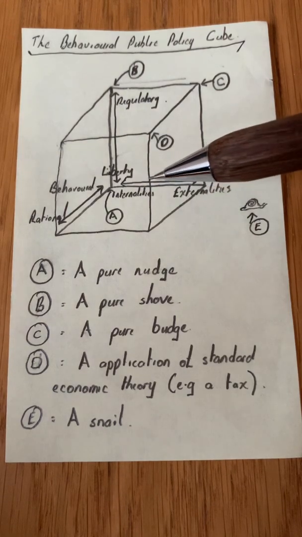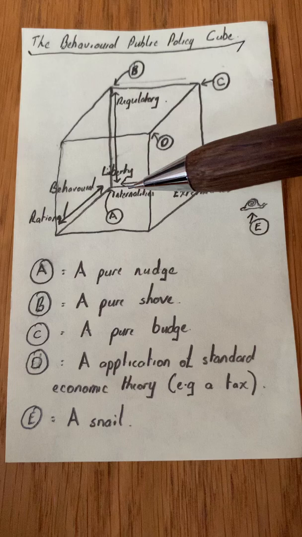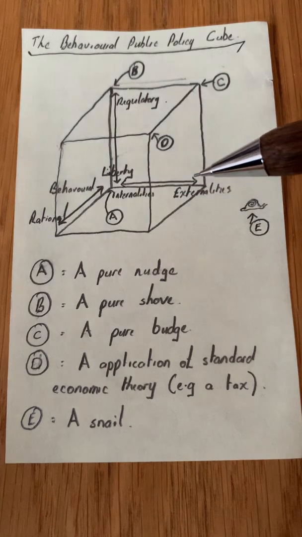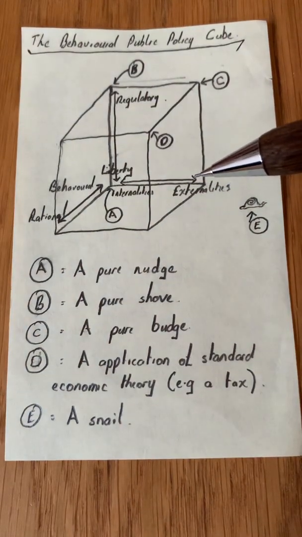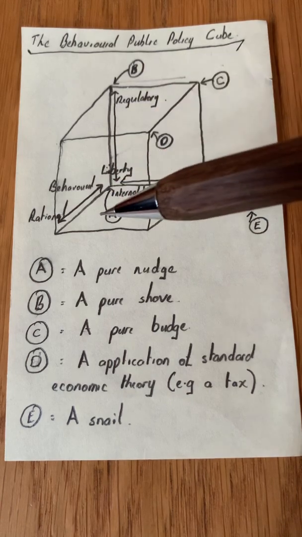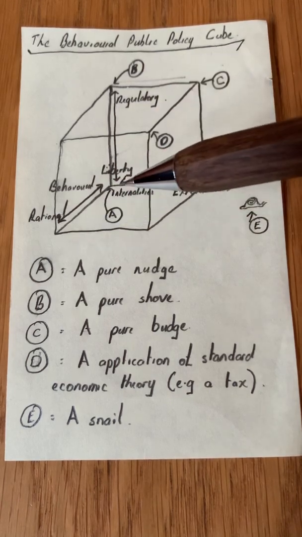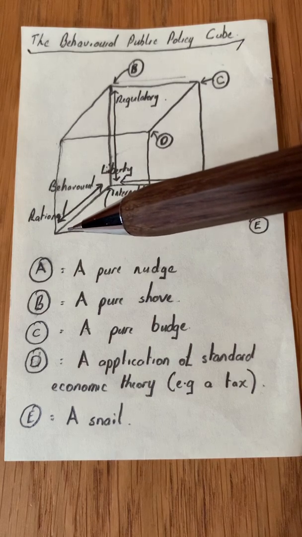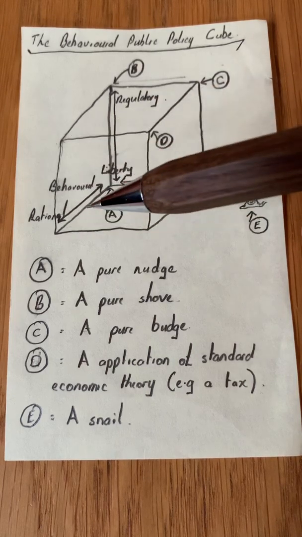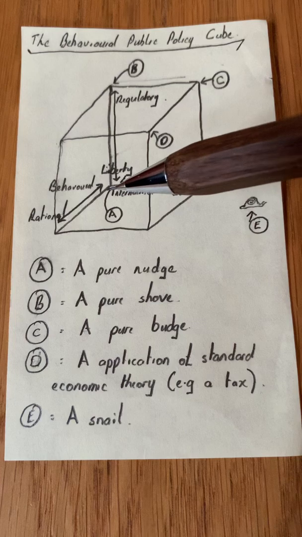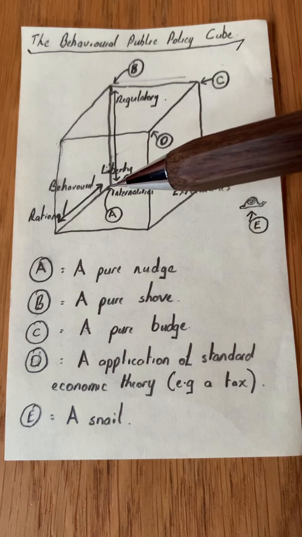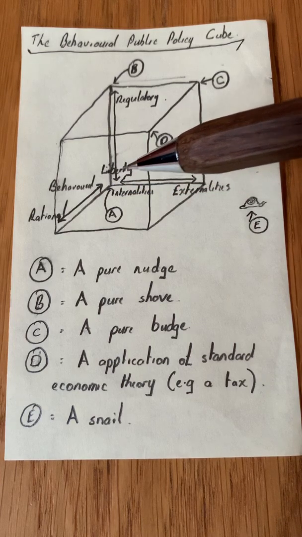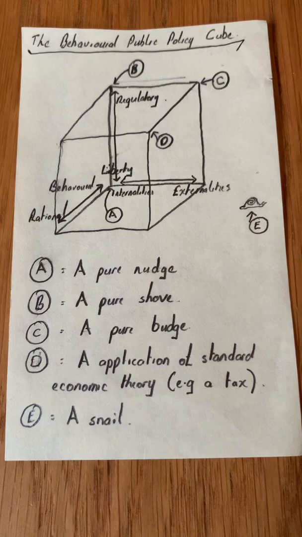If you go away from the origin on the horizontal axis, the intervention is more focused upon externalities, that is to say, reducing harms that people may impose on other people. Right? And then on the diagonal axis, again, you go away from the origin and the intervention is more informed by rational choice theory. You go towards the origin and it's more informed by behavioural science or behavioural economics, right?